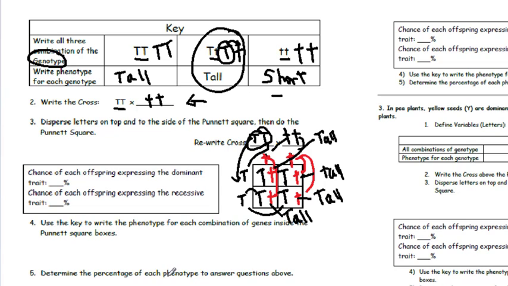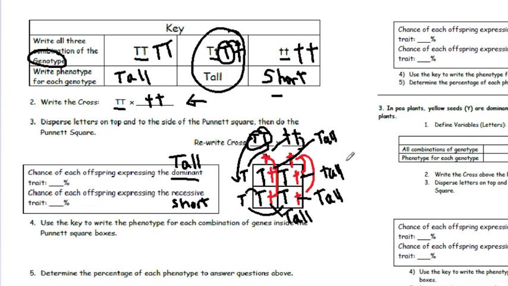Now, in this section here, we're going to now look at the percentage. Now, chance of each, so basically this tells you to go up and answer this question right here. Chance of each offspring expressing the dominant trait. Dominant trait, right? So the dominant trait, we go back to the top, look at the dominant trait is tall. I could just write that right here. The tall trait, and this one is short. So how many are going to do the tall?